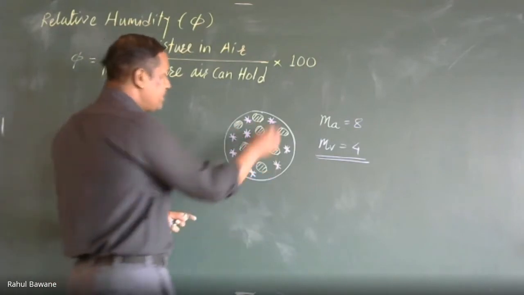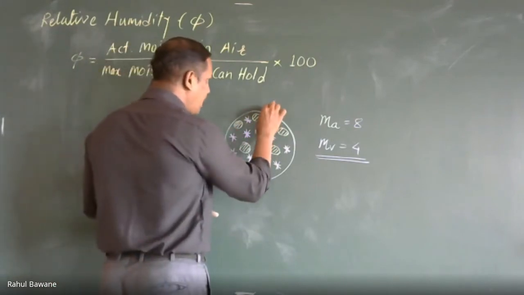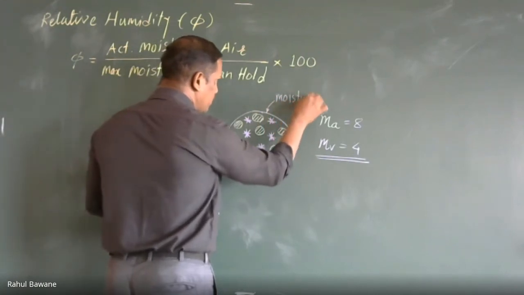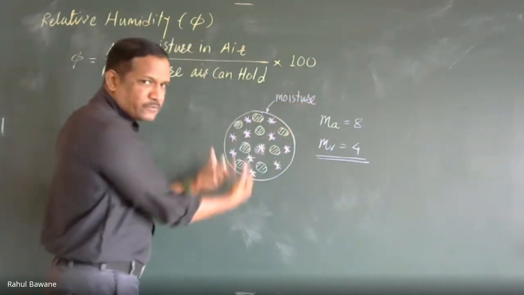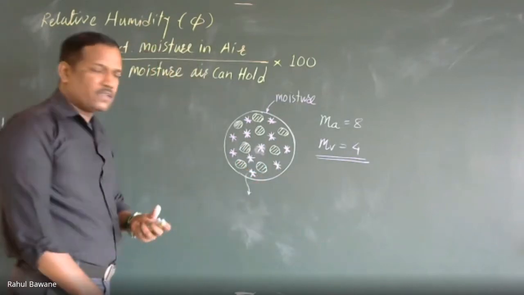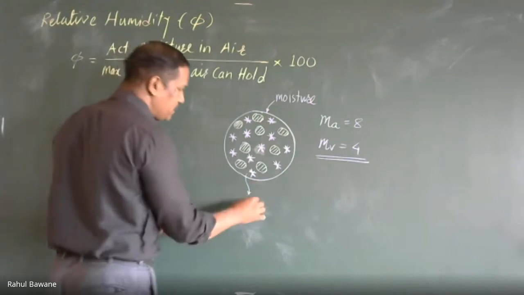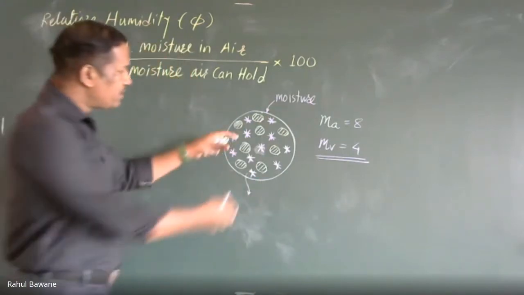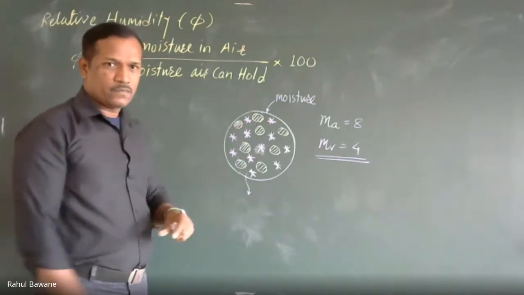Saturated means if I try to add any moisture, it will not be absorbed in this air, but it will be removed. If I try to add one moisture, then one moisture will be removed because it reached the saturation condition.